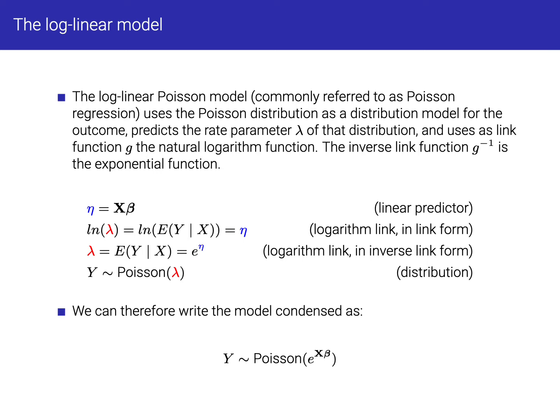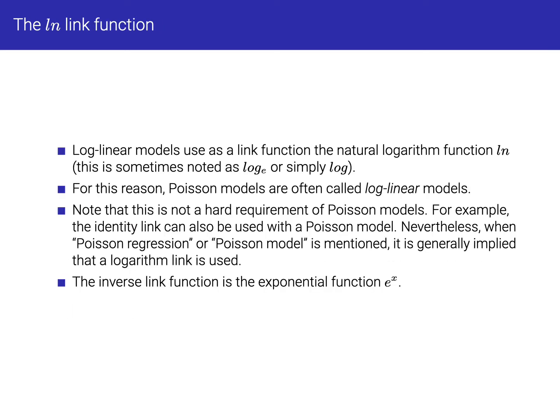And so, if we condense these equations, the rate is the exponential of the linear predictor. So we talked about this: log linear models use as link function the natural logarithm function, ln, or log e, or simply log. And for this reason, we call most Poisson models log linear models.